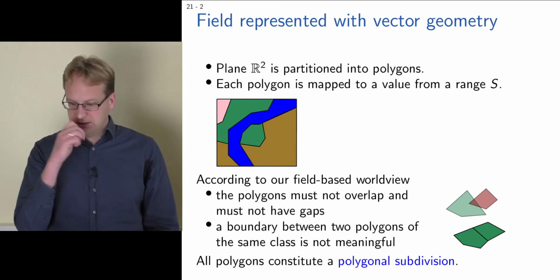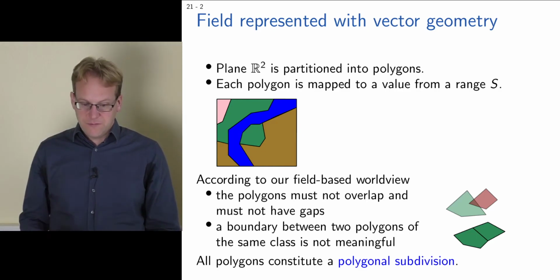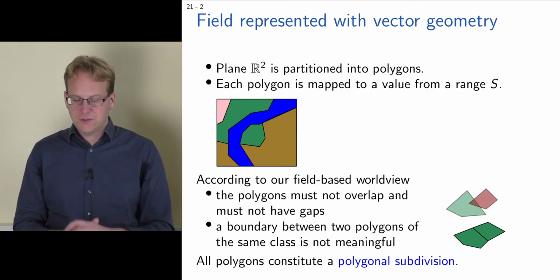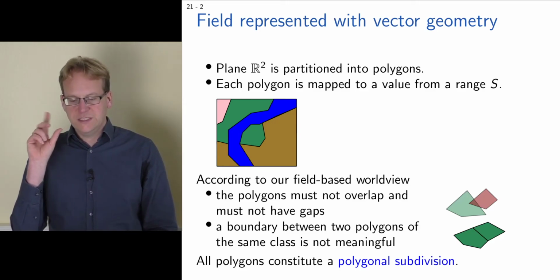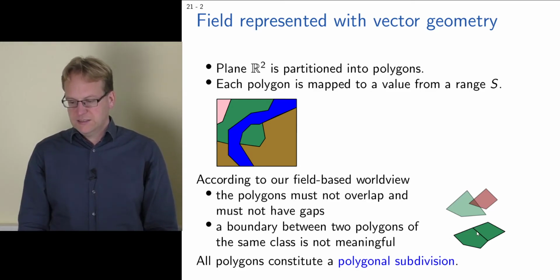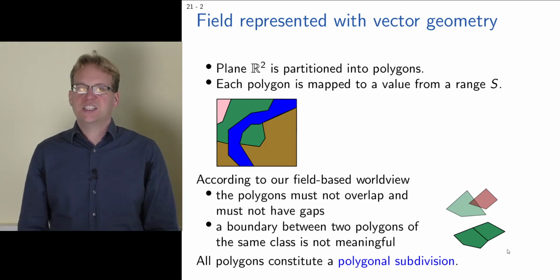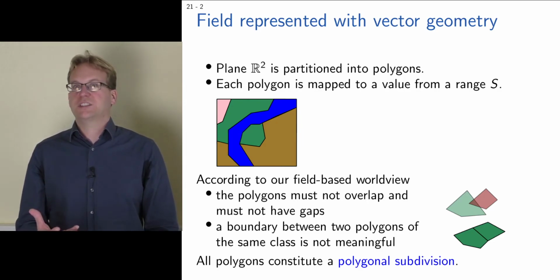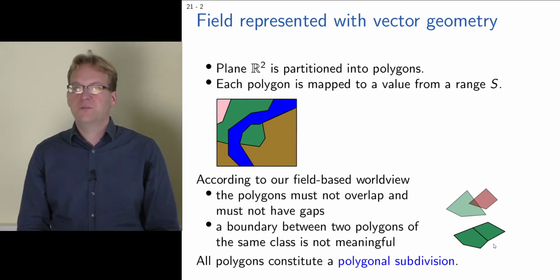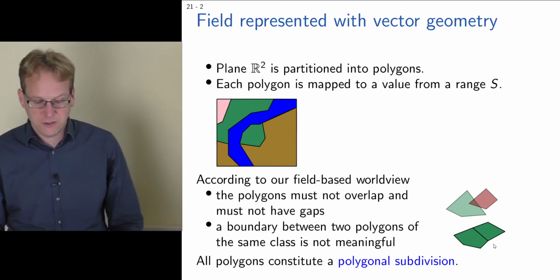And according to this field idea, these polygons must not overlap, and they must not have gaps. Also, it is not reasonable to have a boundary separating two polygons of the same category, because our polygons are just there to represent this function. They have no other meaning, and according to that, such a boundary would not be meaningful.